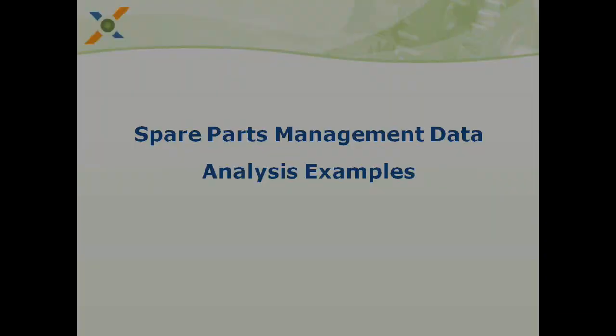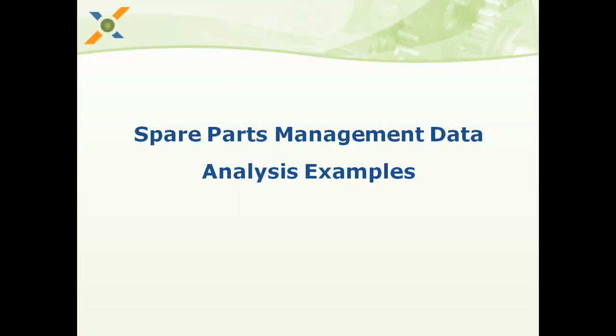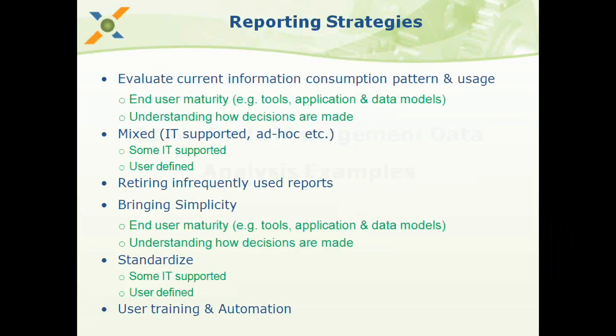After this, we'll look at how you actually go about doing analysis. There are different reporting strategies and different ways one can do it. There are tools available, whether it's Crystal, BIRT, Actuate, or any other tool.